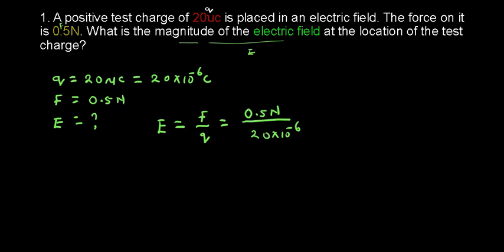So when we divide that, we are going to have 2.5 times 10 raised to power 4. Newton is the numerator, coulombs the denominator. So the answer becomes 2.5 times 10 raised to power 4 Newton per coulomb.